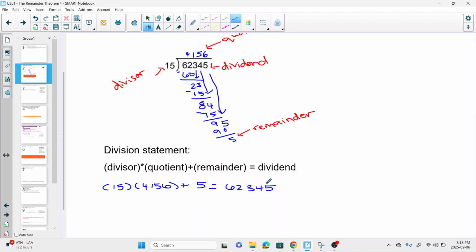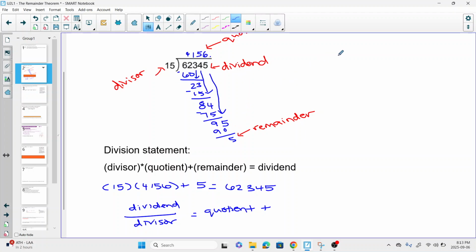We could also do the dividend divided by the divisor is equal to the quotient plus, if we wanted to represent this as a decimal, the actual answer would be 4,156, and then there would be a decimal here, and it wouldn't be 0.5 because it's not half.